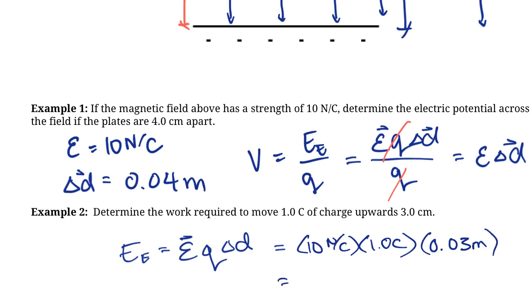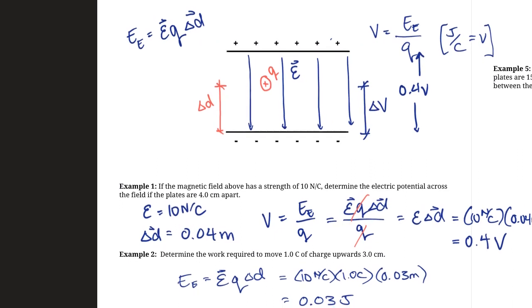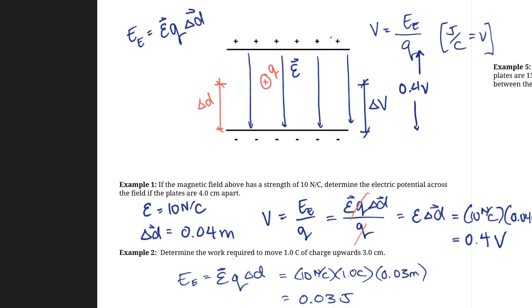If we do that calculation, 10 times 1 times 0.03 is, I should have been able to do that in my head, 0.03 joules. So that is the amount of work that needs to be put in to move it against the field. Remember, a positive charge wants to move with the field, so by moving it upwards, we're moving it against the field. We need to apply a force, and the energy is going to be 0.03 joules.